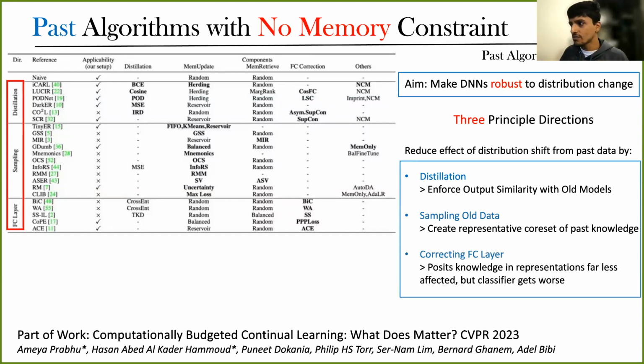One is distillation, which enforces that your new model output should be similar to the old model output, and hopefully this can accelerate learning. Or they have good sampling strategies to effectively sample from past data and retain most of the knowledge in less time. Or some continual learning works posit that it's just the last layer which has gone off track, and if we align this last layer carefully, then we have solved the continual learning problem to a good extent.